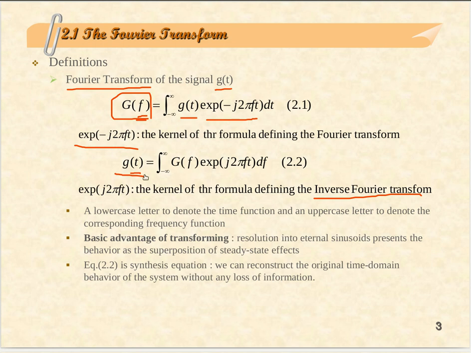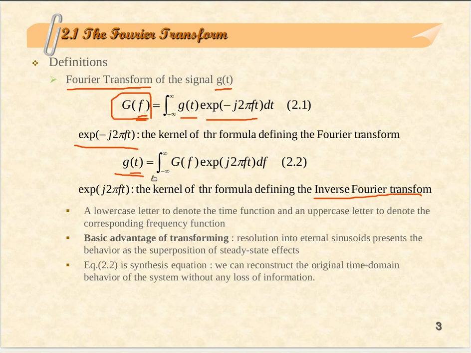You have to understand that the lowercase g denotes the time function, and the uppercase denotes the frequency function. So don't mix it up. This equation can reconstruct the original time domain behavior without any loss of information. So there is no loss in the information using this transformation.